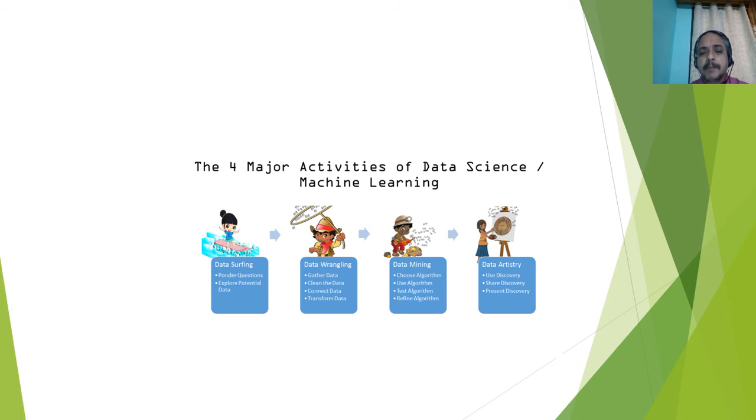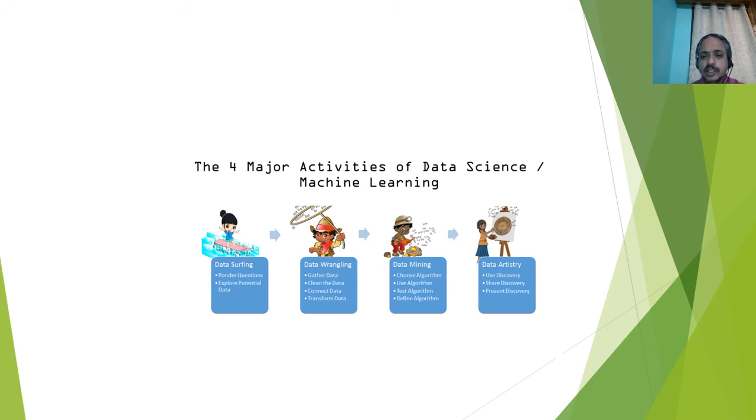Next is data mining. Here, senior developers will work on it. Using various algorithms, you see which algorithm is fitting your data, like trial and error, with some knowledge from the statistical experts, and then you will get some result.